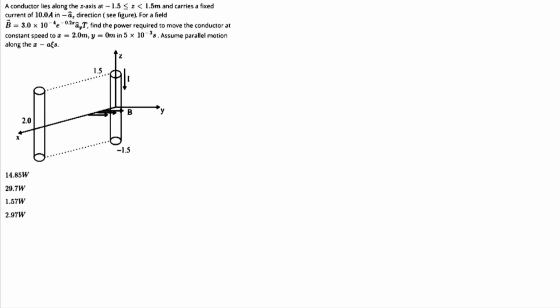Now find the power required to move the conductor at constant speed to x equal to 2 meter, y equal to 0 meter in time 5 into 10 to the power minus 3 seconds. Assume parallel motion along x.